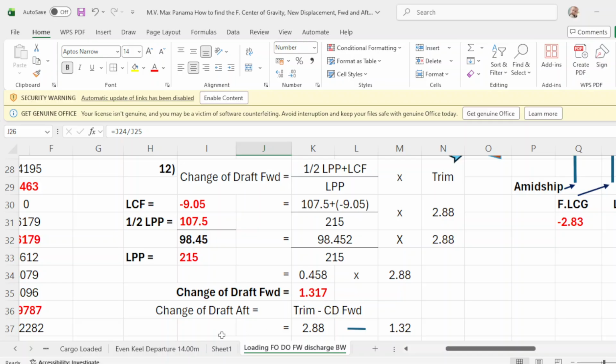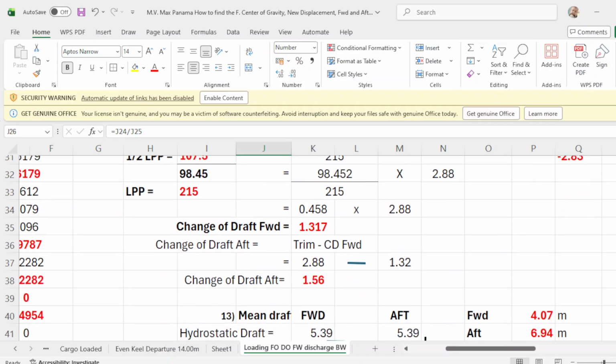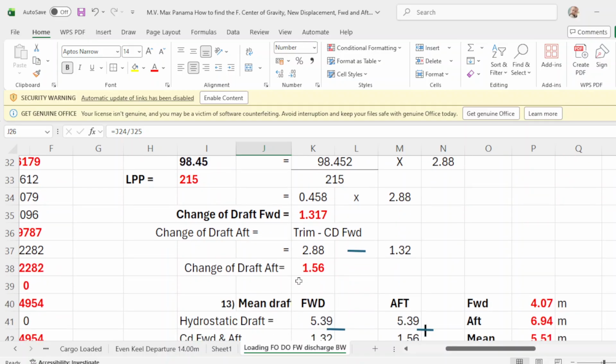Okay, to get the change of drop up is your trim, which is 2.88, minus your change of drop forward, which is 1.317, and your change of drop up will be 1.56.